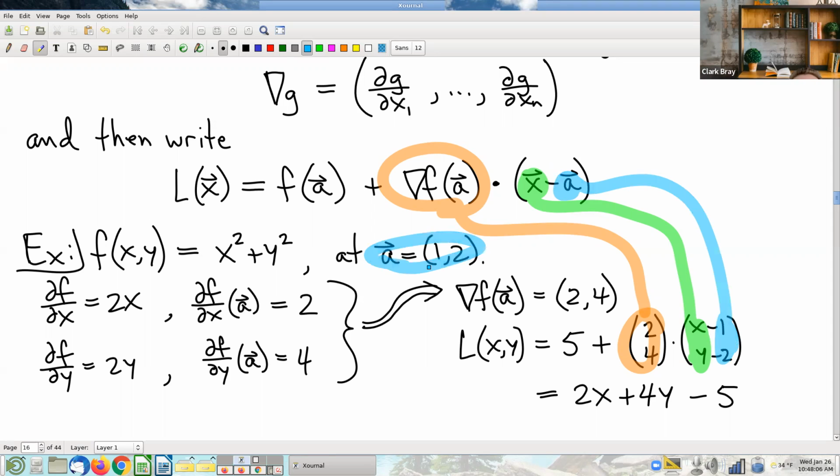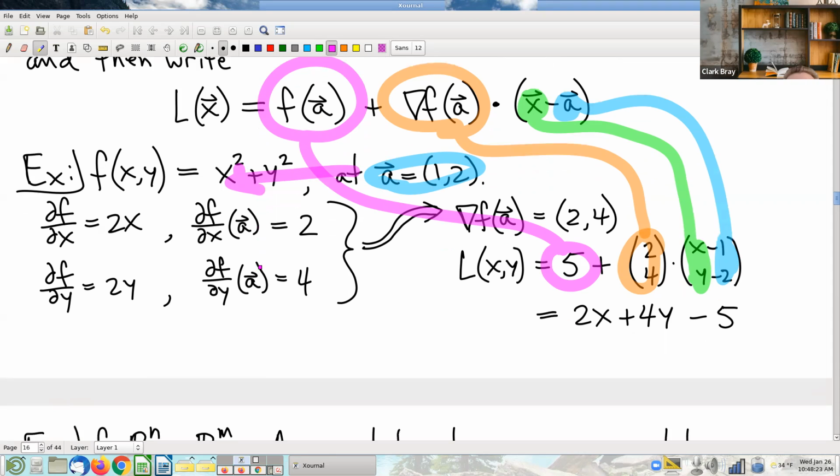Don't forget a is 1, 2. And I guess I'd also need to compute f of a. Well, that's just, again, plug the point into there. And boom, there you go. Plug and chug. Everybody happy? Okay.